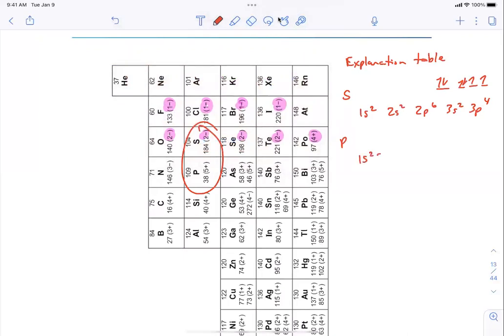Phosphorus is 1s2, 2s2, 2p6, 3s2, 3p3. Now, we're comparing ionic radii here, okay? What ion did the IB choose to give you about sulfur? What ion?